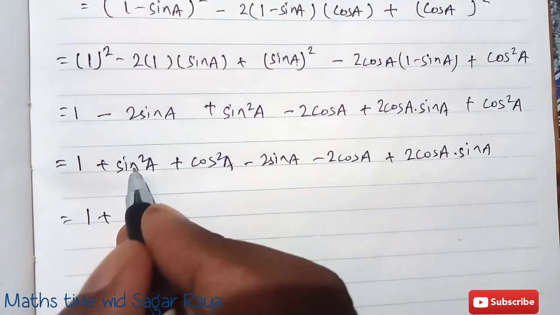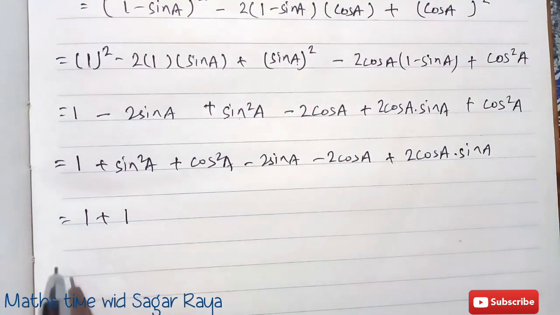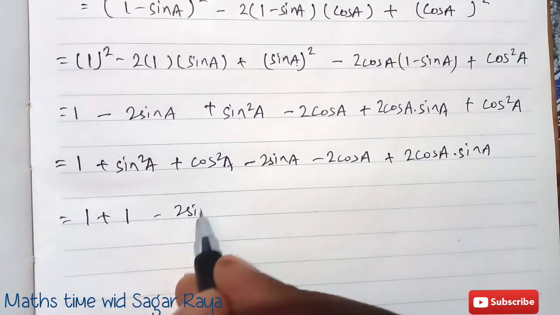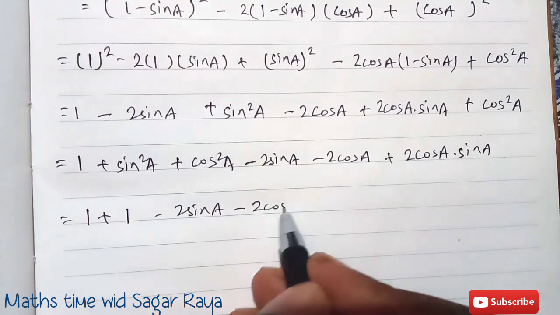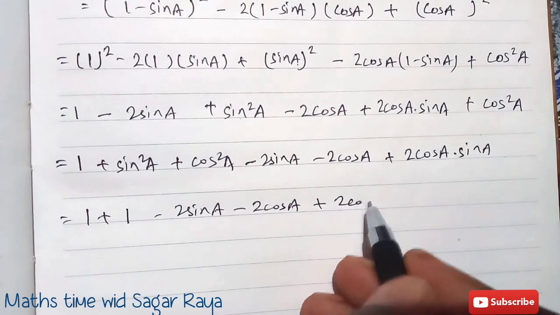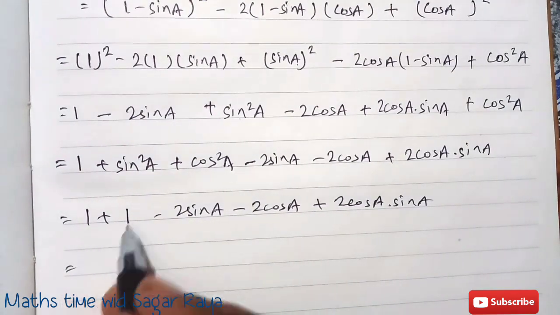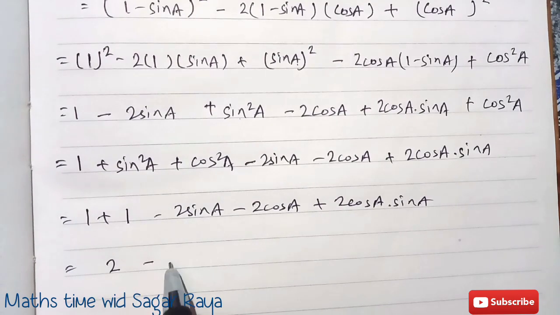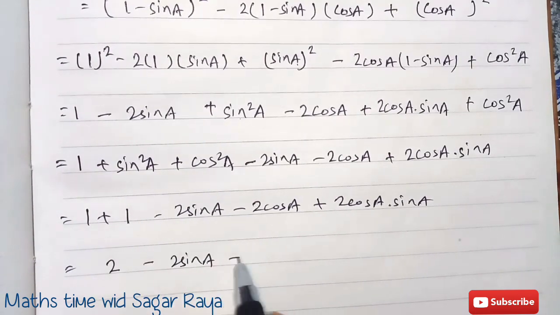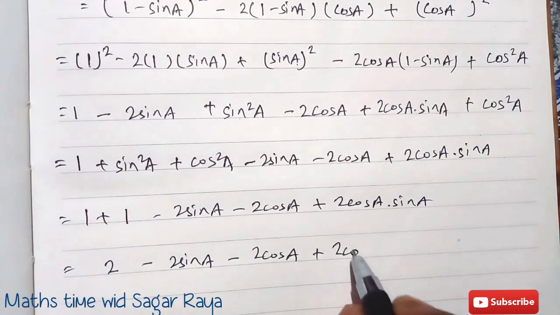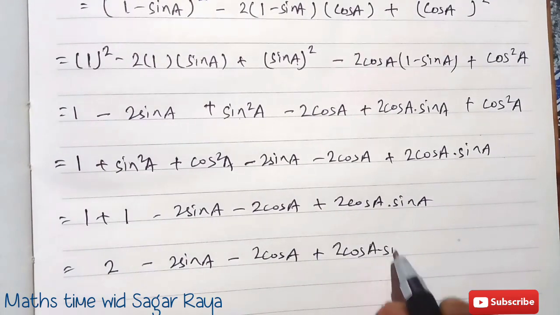Now instead of sin square a plus cos square a I can write 1, and what remains is minus 2 sin a minus 2 cos a plus 2 cos a sin a. So 1 plus 1 will be 2, minus 2 sin a minus 2 cos a plus 2 cos a sin a.